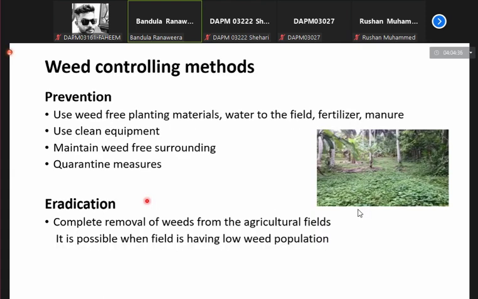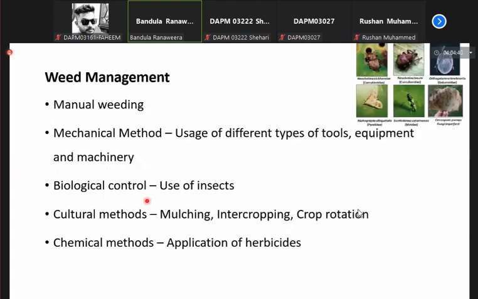Here we mention weed controlling methods. Here we mention weed management methods.